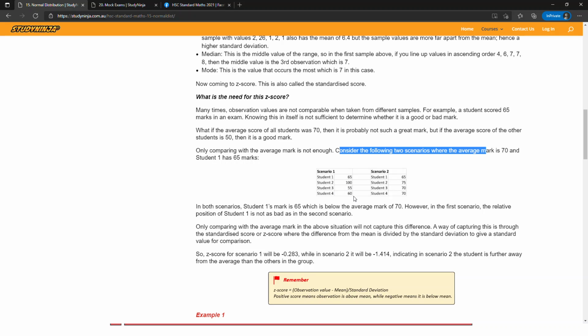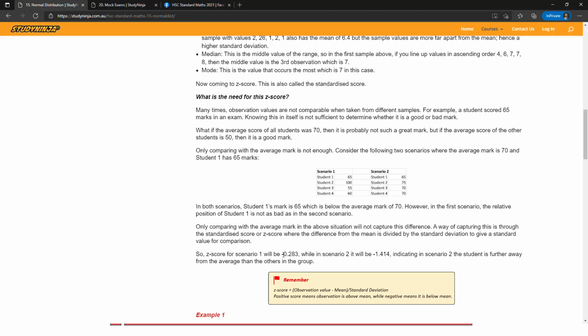What the Z-score does is, you take the observation value, which in this case is 65, subtract the mean from it, and then divide by the standard deviation. So it's a standardizing way to compare different numbers. The Z-score in the first scenario would be minus 0.283.